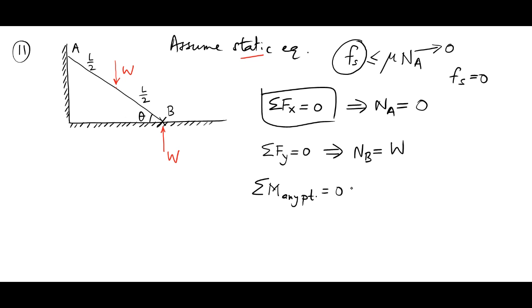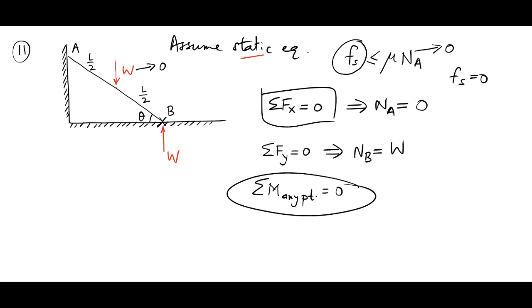So this condition is not satisfied by the remaining forces. Of course it will be satisfied if and only if W is equal to 0, both of them. But we are assuming that the rod has some weight, so we will not consider that trivial solution.